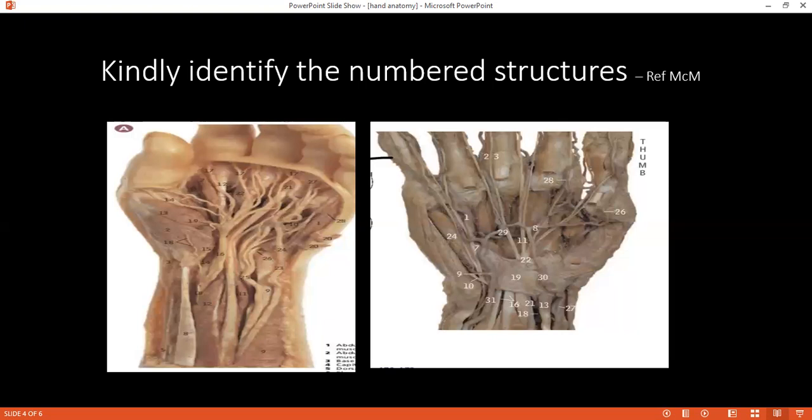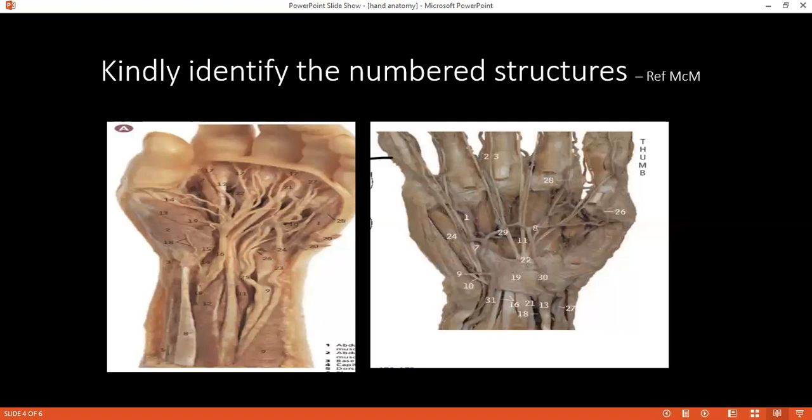I will stabilize the fingers, then flex the distal phalanx while I hold the proximal interphalangeal joint.